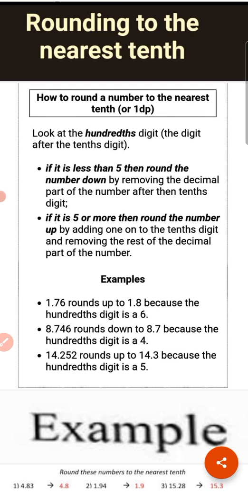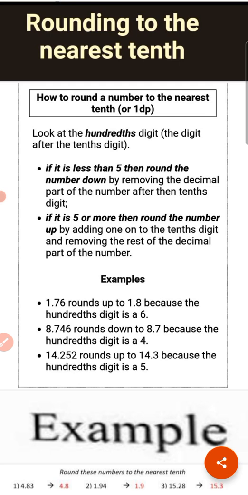So to round a number to the nearest tenth or one decimal place, look at the hundredth digit. The digit after the tenth place is the hundredth digit.